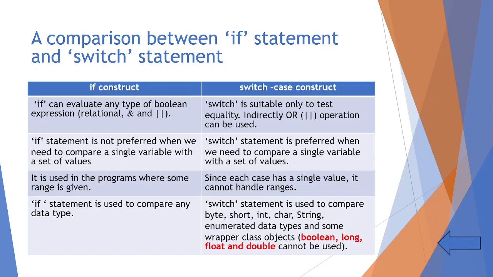It can use byte, short, char, string, enumerated data types, which we will discuss a little later on, and some wrapper class objects. So whenever we want to test for equality and OR operator, we will go for switch case.